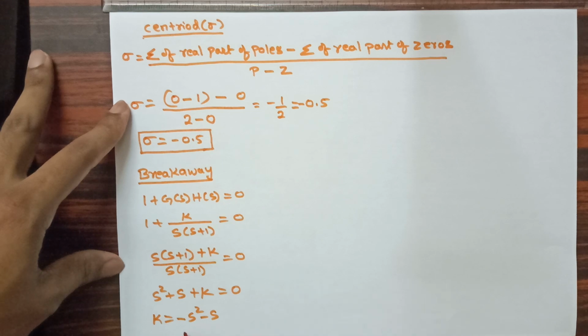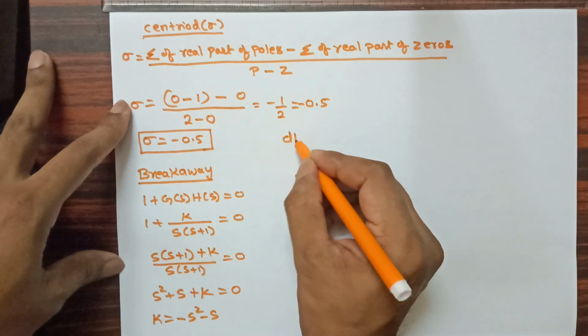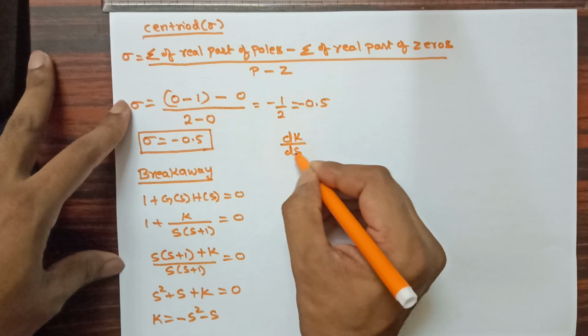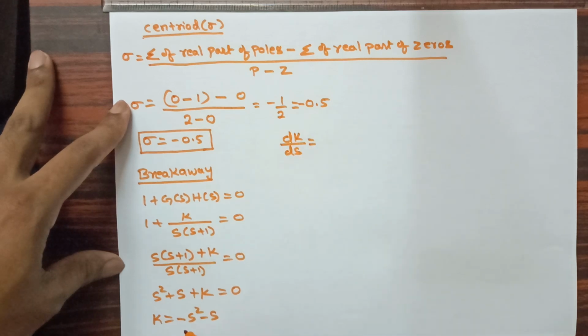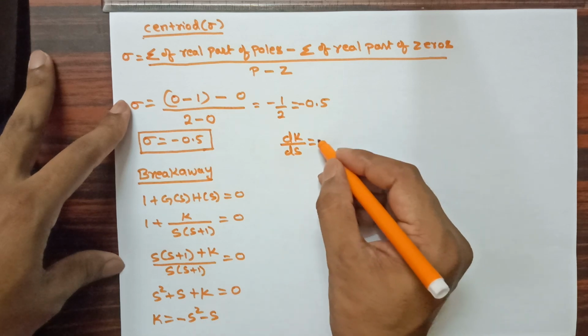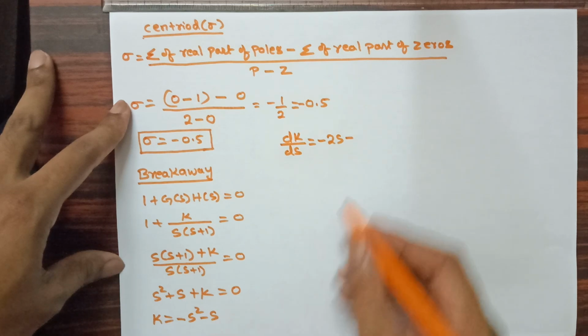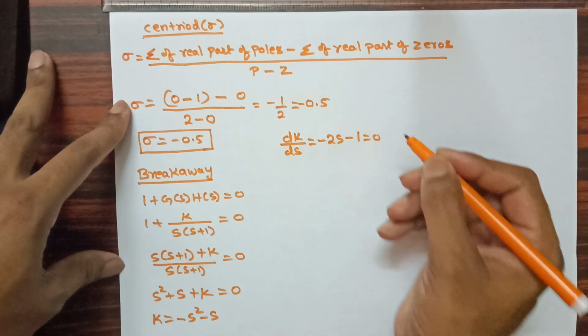Now we are going to differentiate this k with respect to s. dk by ds is equivalent to, differentiating with respect to s, minus 2s minus 1 is equal to 0.